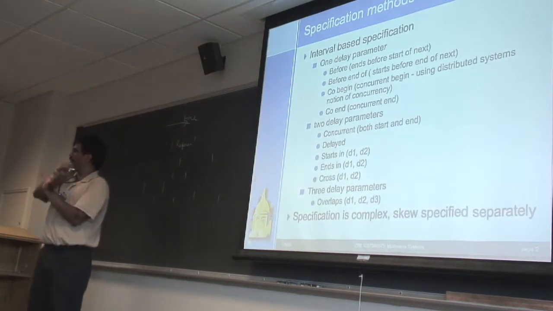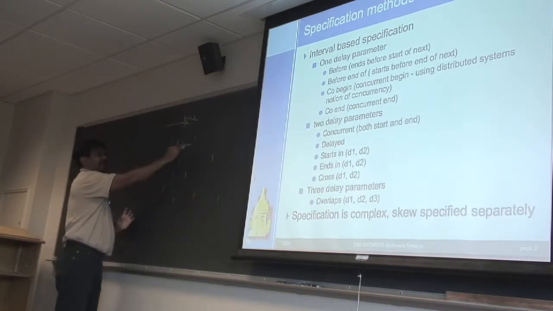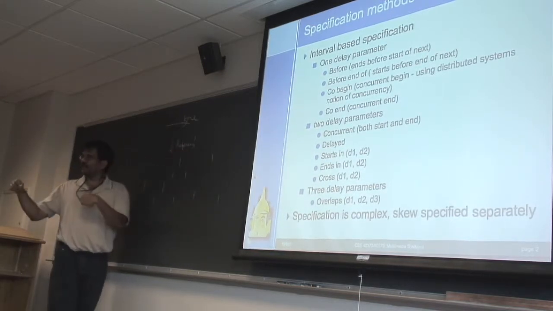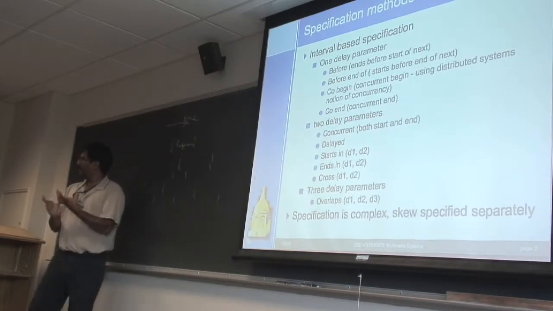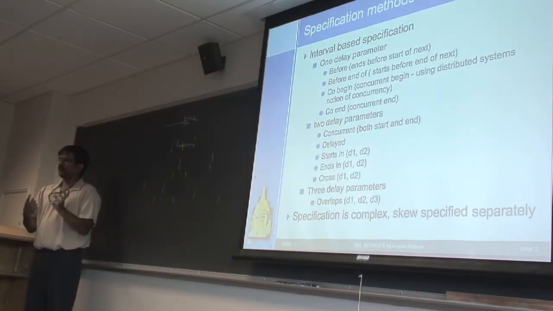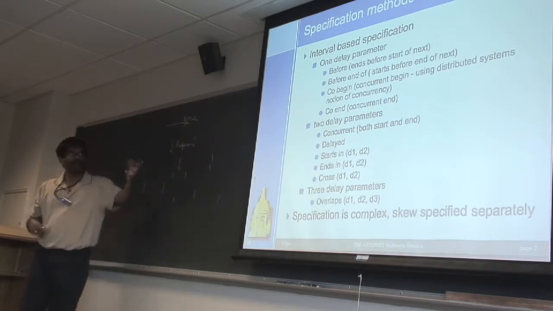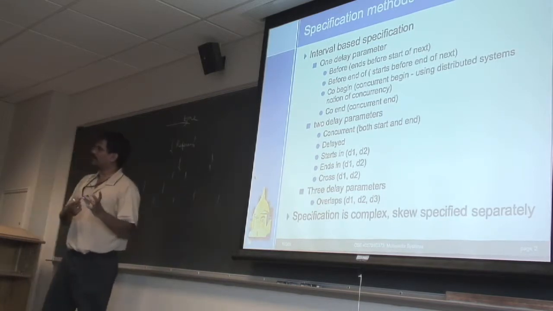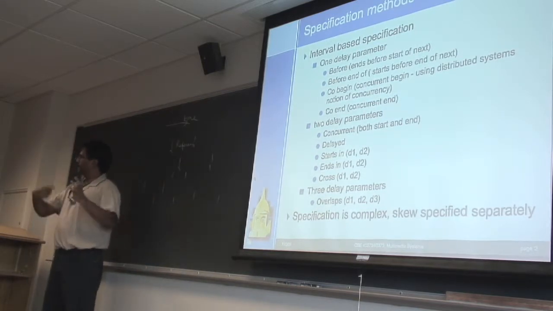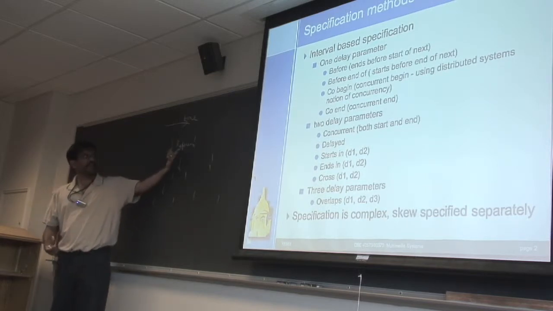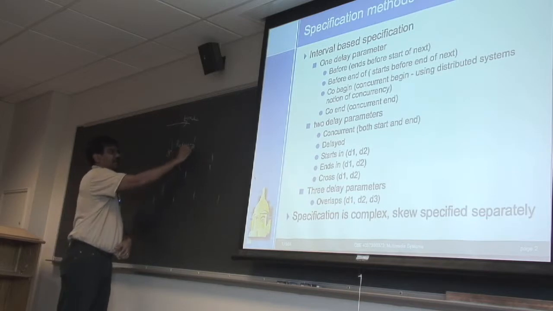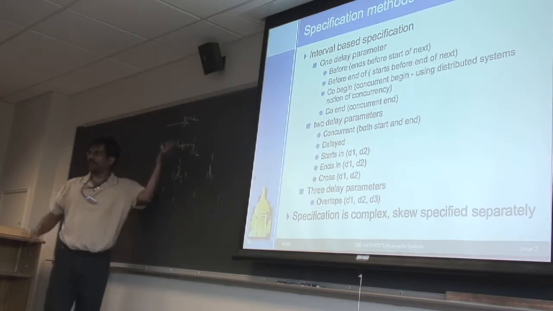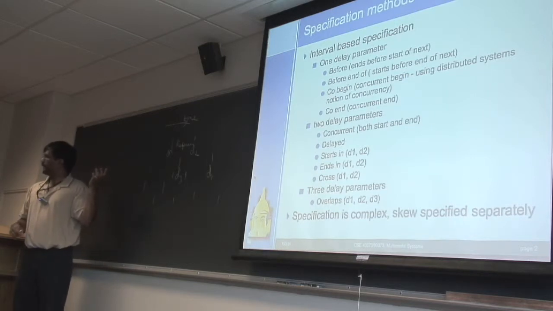You have the start and the end, and you have the other stream's start and end, and that defines where they overlap. When you talk about two delay parameters, you can specify when they start and end. With three delay parameters, you're trying to say what the relationships are between D1, D2, D3 and D4.